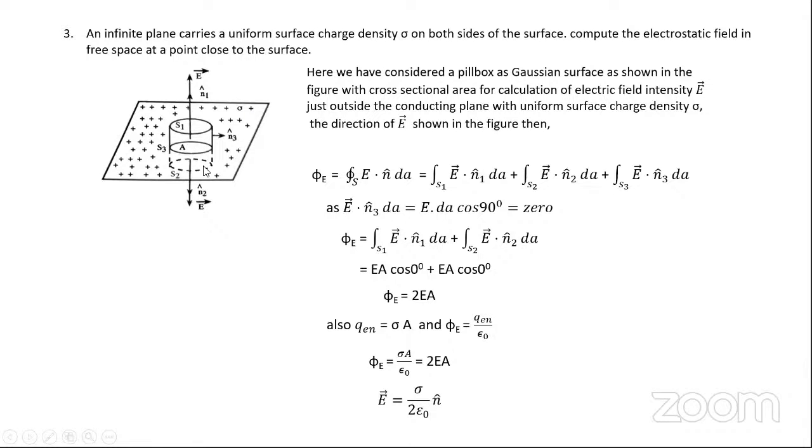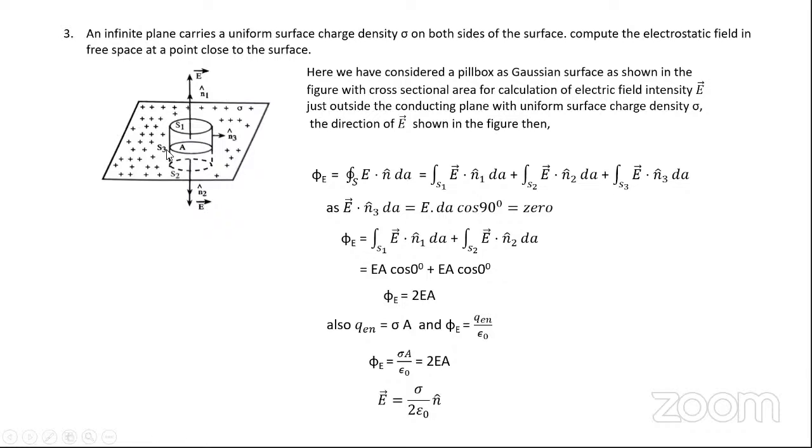What is n? n is the unit vector along the direction of vector dA, right? So we separate this complete closed surface into three different surface areas. The total surface area of the pillbox is S, which contains S1 plus S2 plus S3.